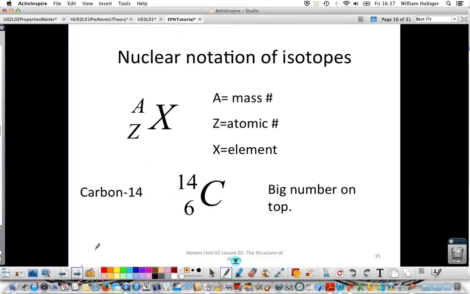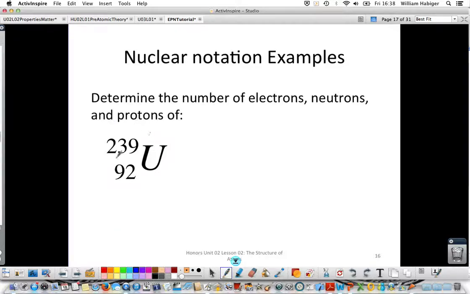All right, another example. This one, we're going to look at some nuclear notation. Remember for nuclear notation, the mass number, the big number, is always on top. The little number, the atomic number, is on the bottom on the left side. This one tells us the atomic number right there, so it has 92 protons, and 92 electrons because there's no charge.